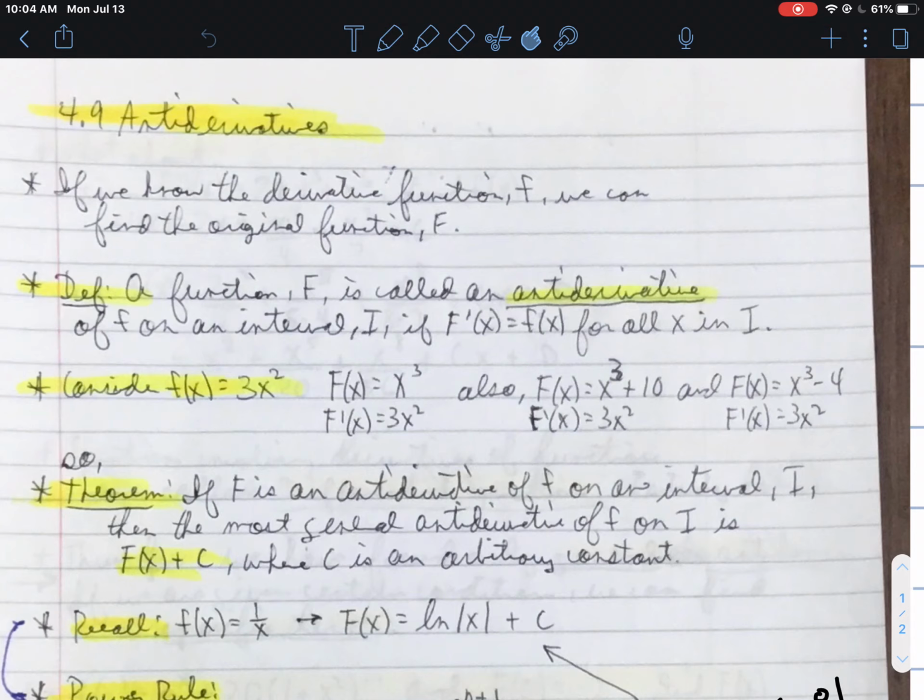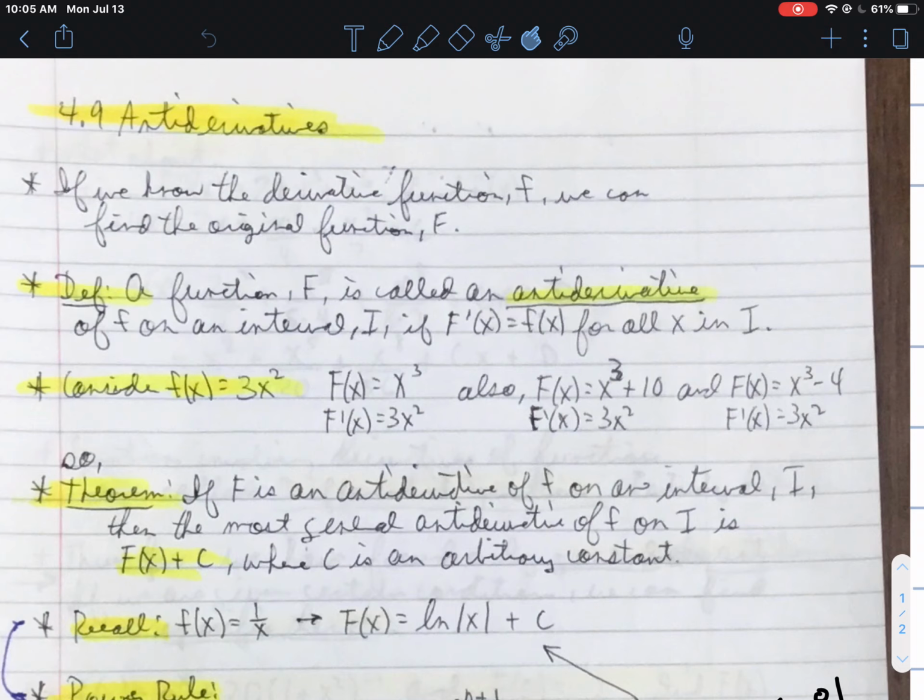So what I want you to keep in mind is that we are only scratching the surface of processes that we use to find the antiderivative of a function. It can be a lot more complex, and that is something that would be addressed going forward in Calc 2, okay? So just keep that in mind.